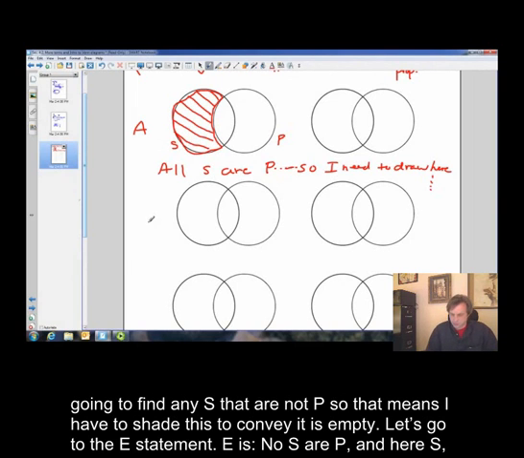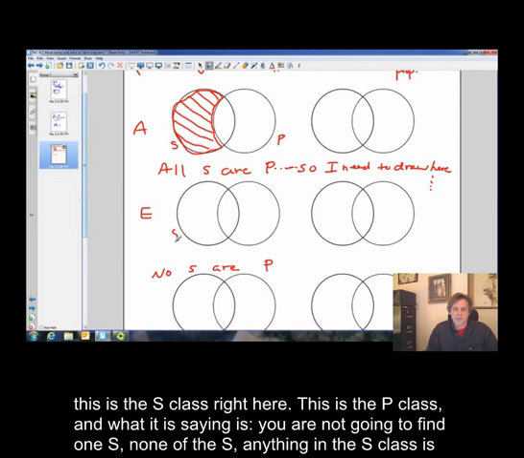Okay? Let's go to the E statement. E is no S are P, and here, this is the S class right here. This is the P class.